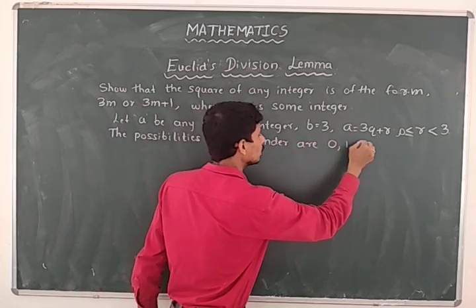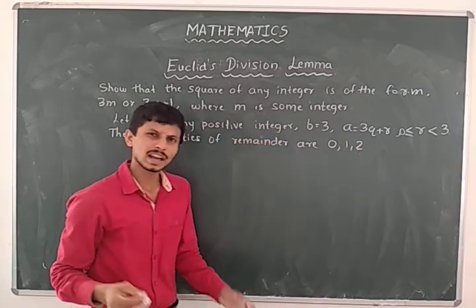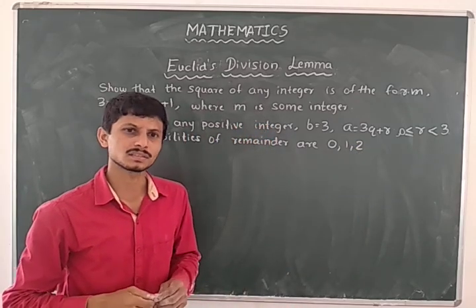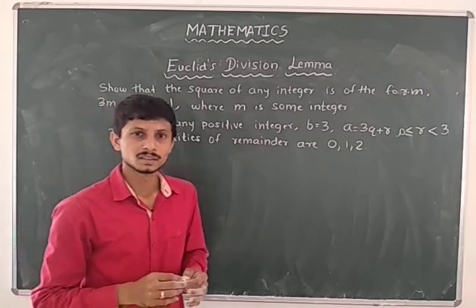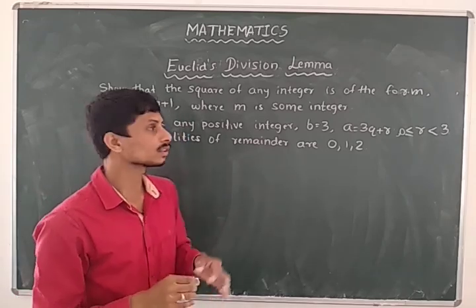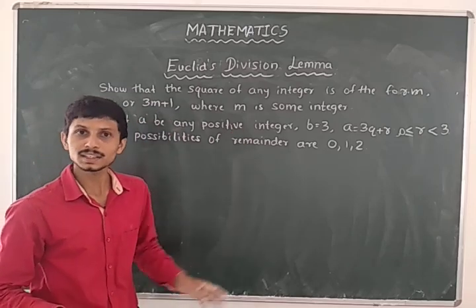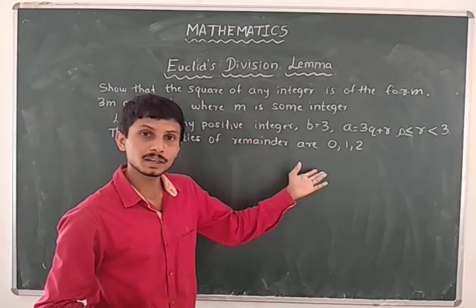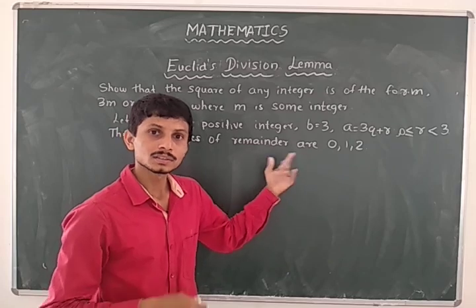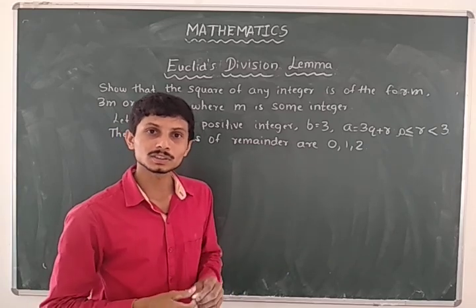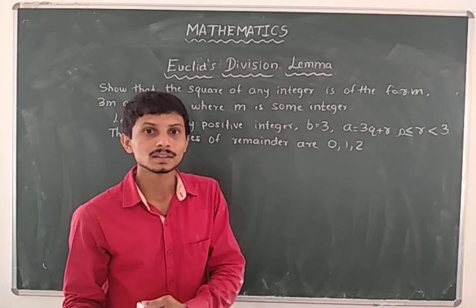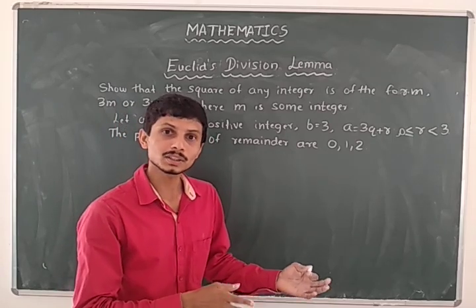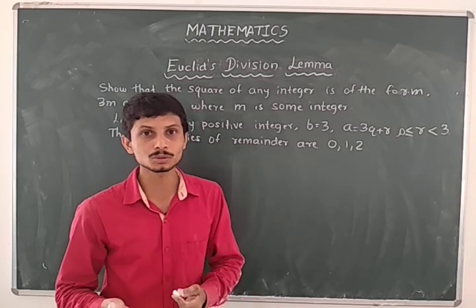So the possibilities of remainders are 0, 1 and 2. In the last cases we learnt that when we take b is equal to 2, there are 2q and 2q plus 1. When we take b is equal to 4, the positive odd integers are of the form 4q plus 1 and 4q plus 3, and the even integers are of the form 4q and 4q plus 2.